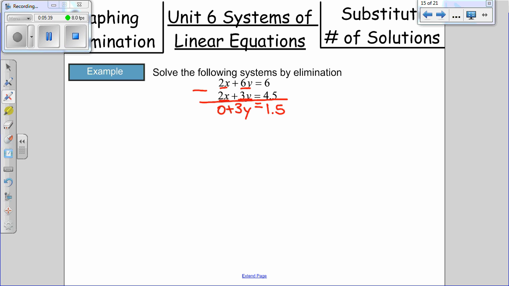That leaves you with a new equation, 3y equals 1.5. If we want to get this by itself, now we have to divide both sides by 3. So step 3 is going to be solve this, solve for the one variable that's already by itself. If you put that in your calculator, you should get that y equals 0.5.